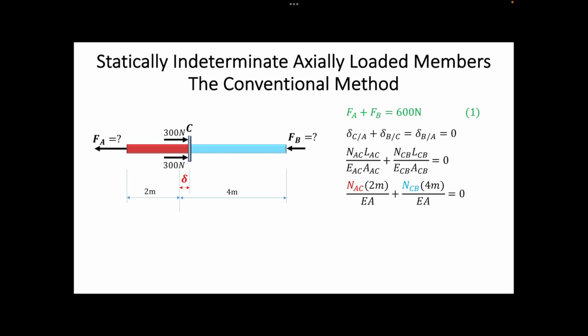Now let us find the relationship between these normal forces and the reactive forces at A and B, the unknowns that we need to find. First, if we cut through segment AC and plot the free body diagram for the left portion, we can see the normal force in AC is equal to FA.